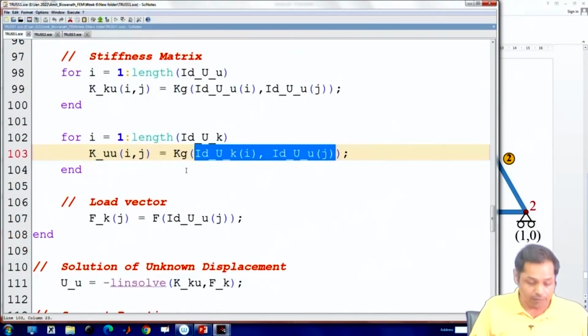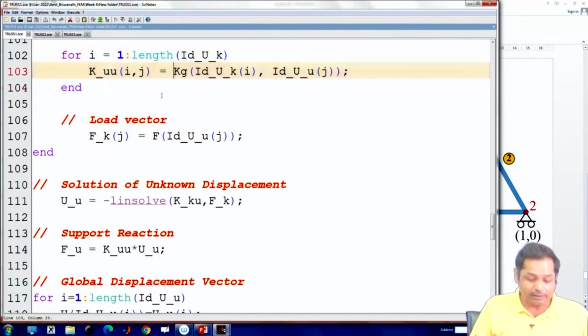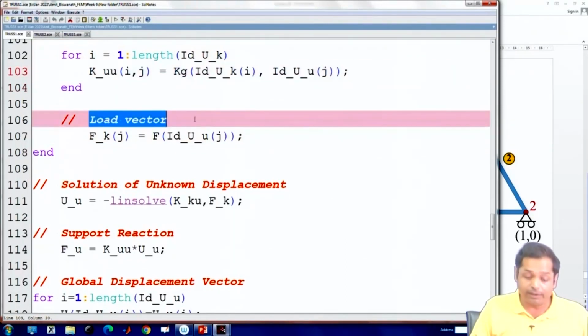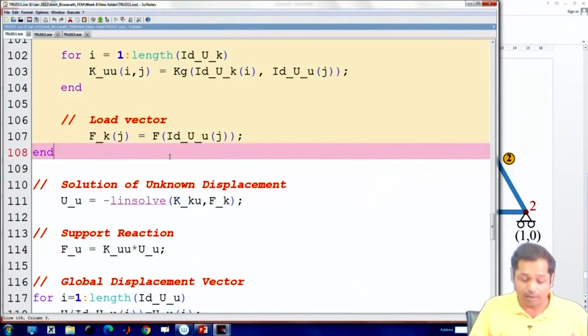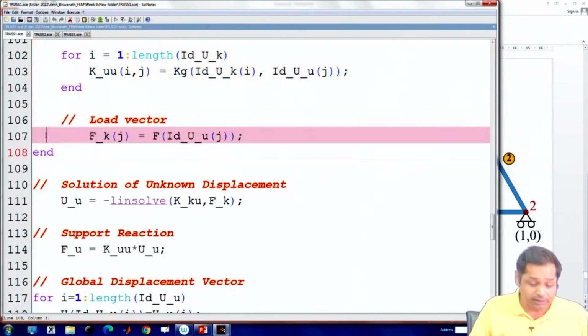Then the load vector also needs to be partitioned, meaning the unknown reactions and the known forces. So this is the partitioning of the load vector.